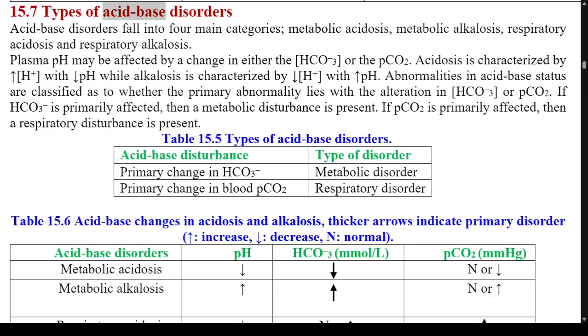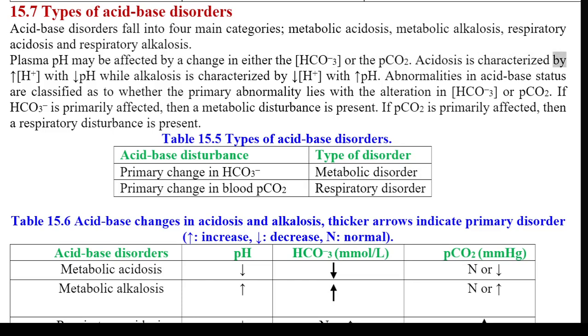15.7 Types of acid-base disorders. Acid-base disorders fall into four main categories: metabolic acidosis, metabolic alkalosis, respiratory acidosis, and respiratory alkalosis. Plasma pH may be affected by a change in either the HCO3 or the PCO2.